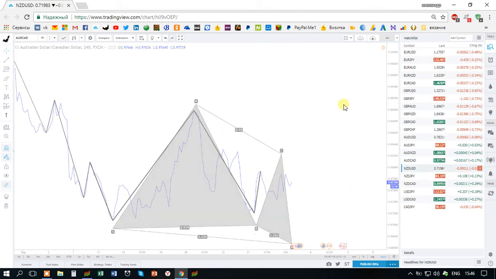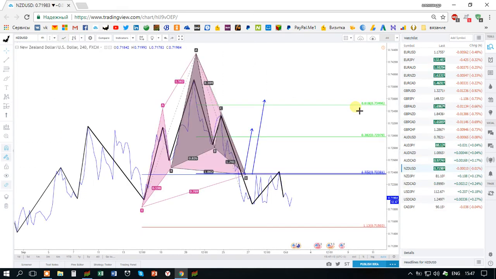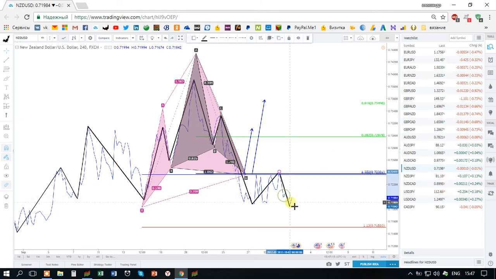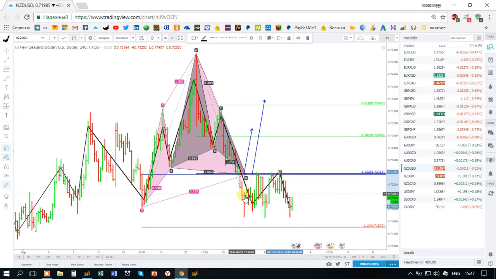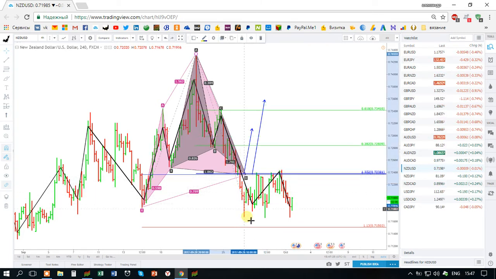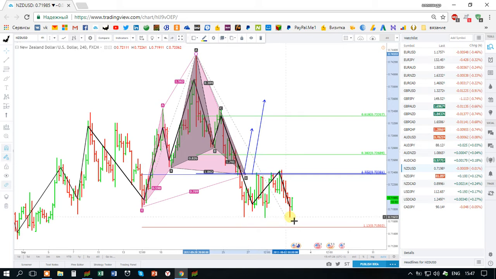Okay, New Zealand dollar, NZDUSD. I'm looking for this pair to go higher, but it doesn't go there, so targets should be recalculated this way, maybe. Which one is the lowest? This way.